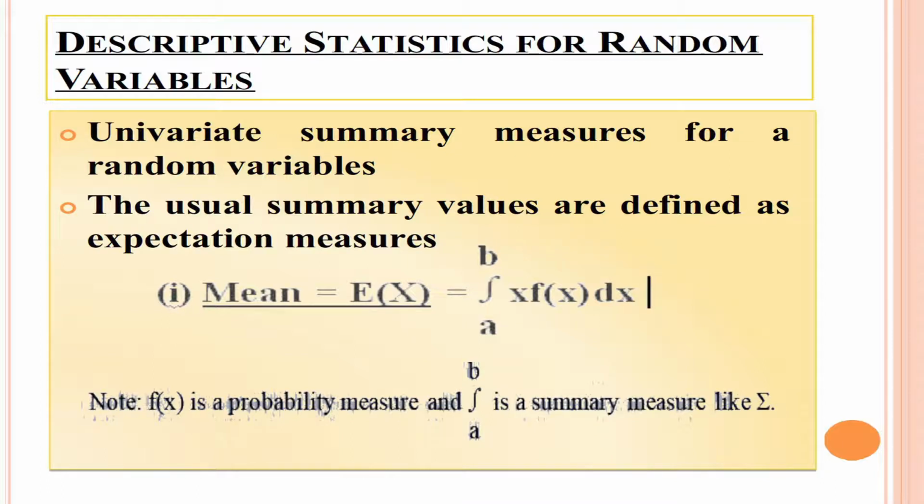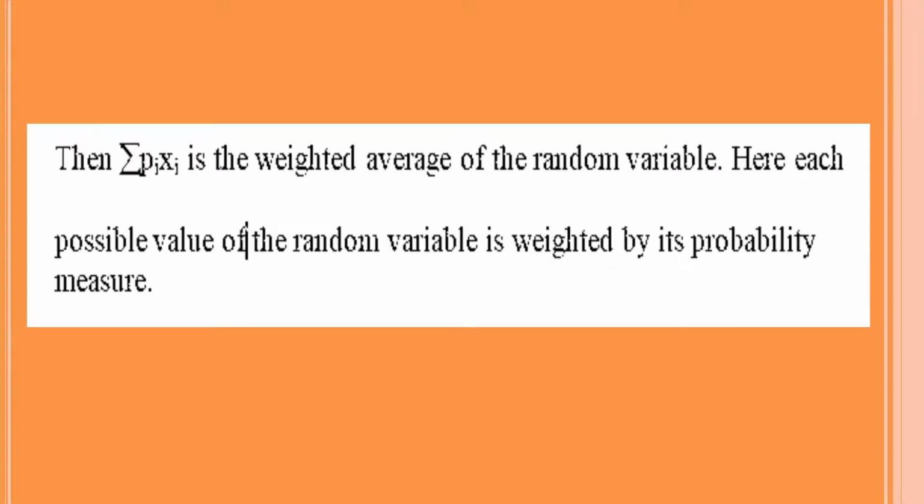Let us say E of x is equal to the integral over a to b of x f of x dx. Here f of x is a probability measure and the integral a to b is a summary measure like sigma. Then sigma pi xi in the normal context is the weighted average of the variable.